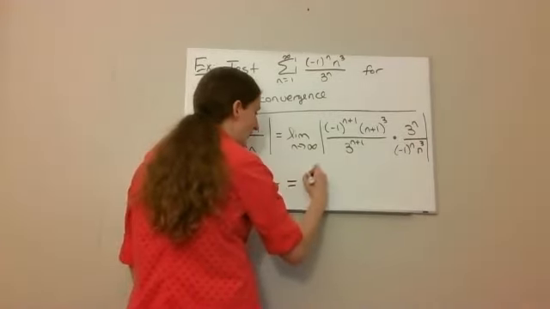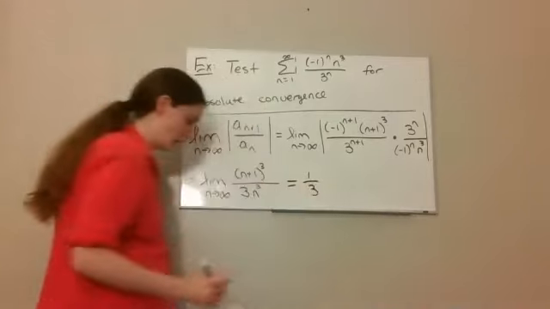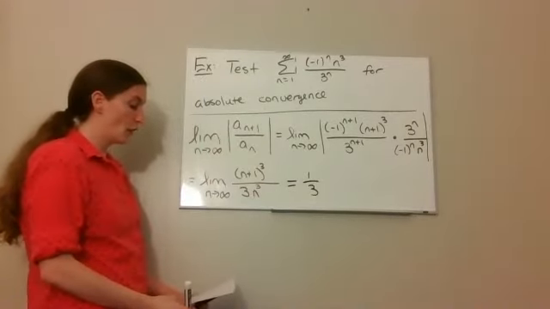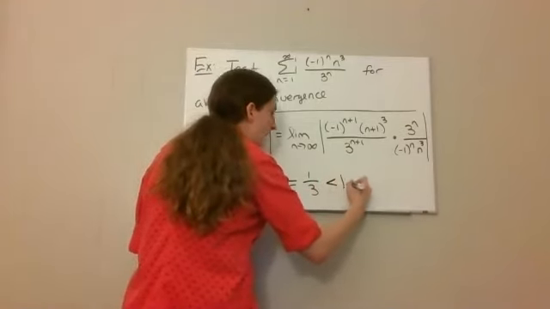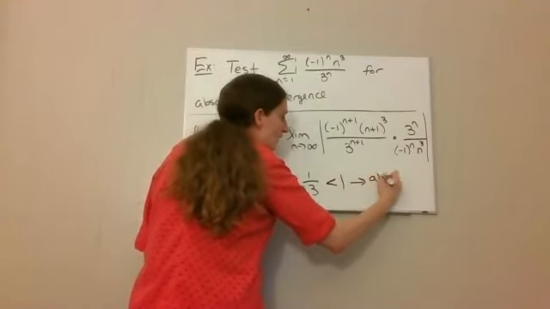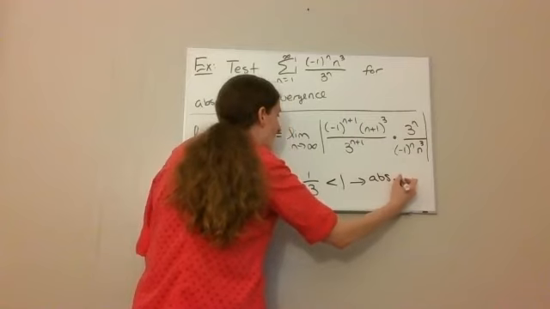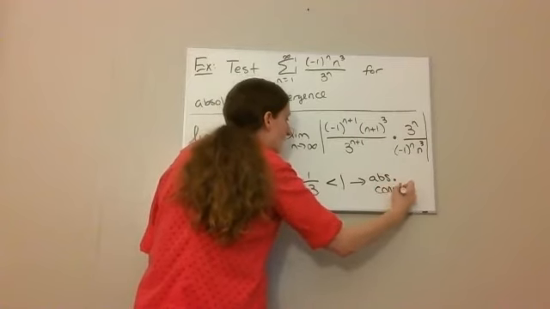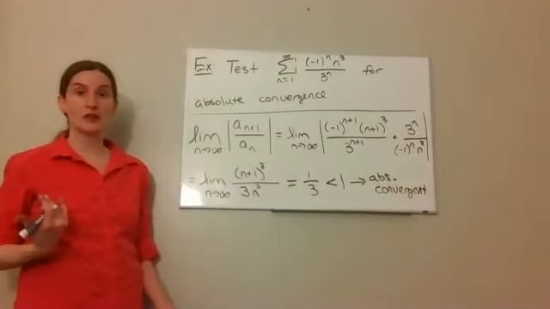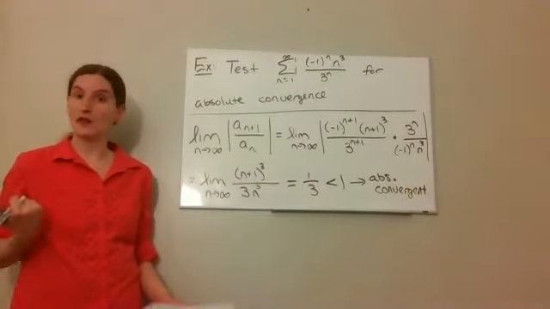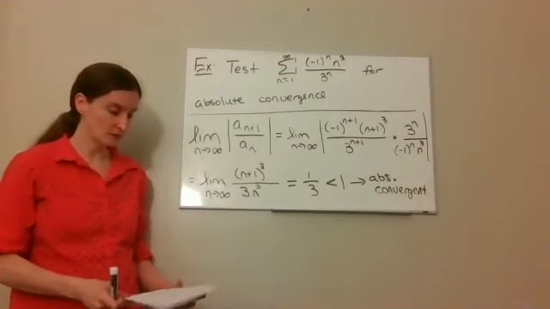So this limit is the ratio of the coefficients, and I get a limit of 1/3. And 1/3 happens to be less than 1, which means, using my ratio test for absolute convergence, this series is absolutely convergent, and that means it's also just convergent as well.